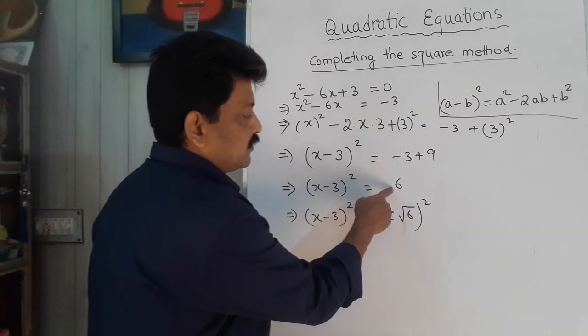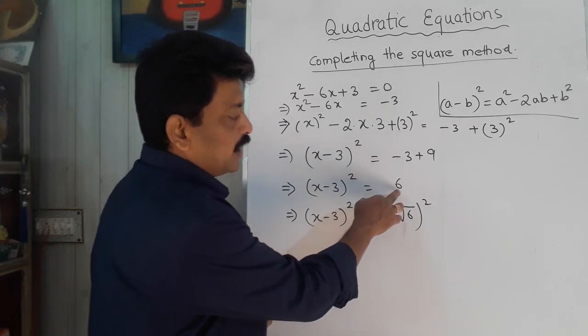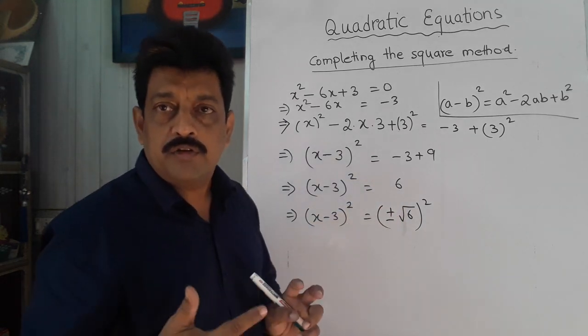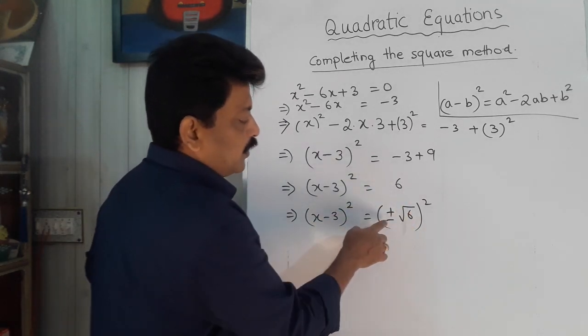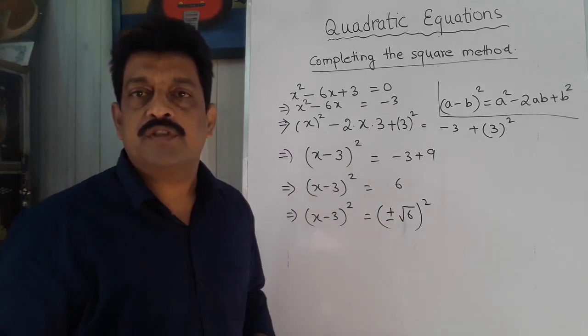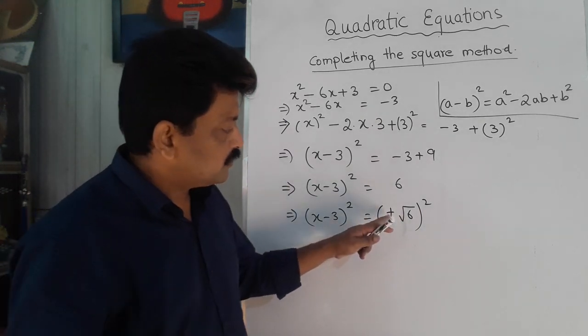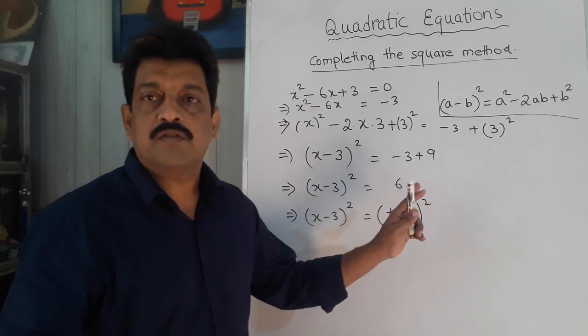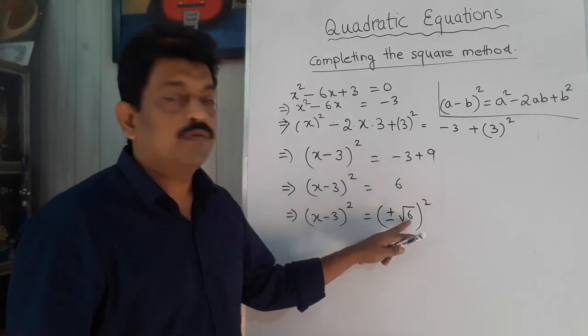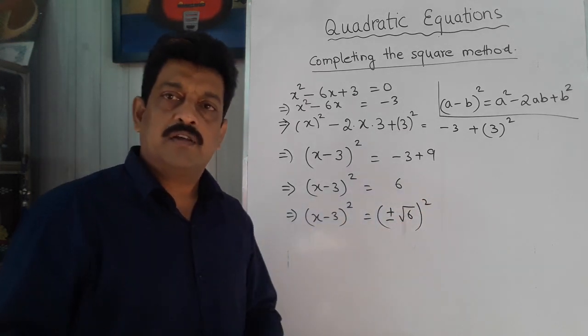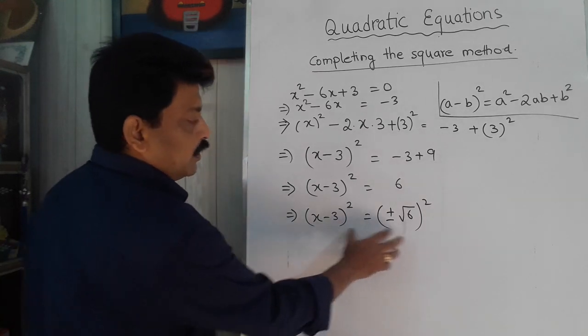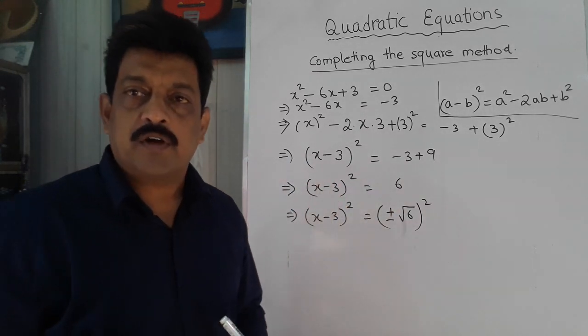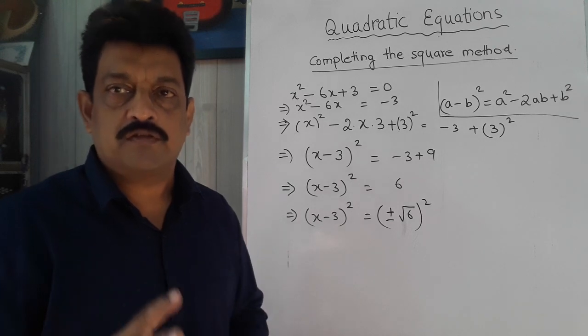Here it was plus 6, so if I want to write it in the form of a whole square, then there will be a root, and since it is square, I have to put both the positive and negative value. Because plus root 6 whole square is 6, minus root 6 whole square is also 6. Okay, so both sides are in the form of a whole square. Now I have to remove the square.